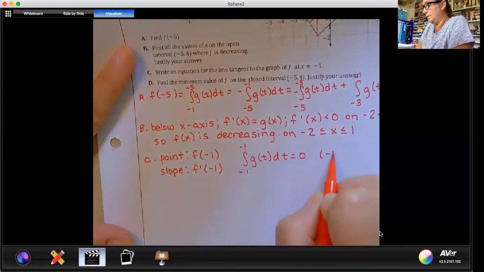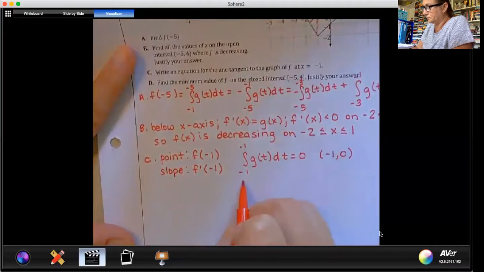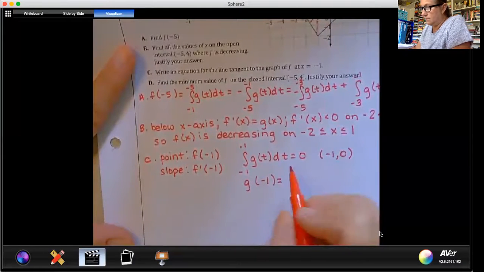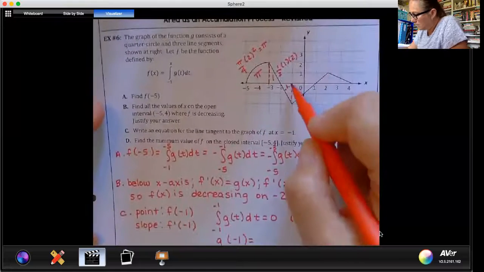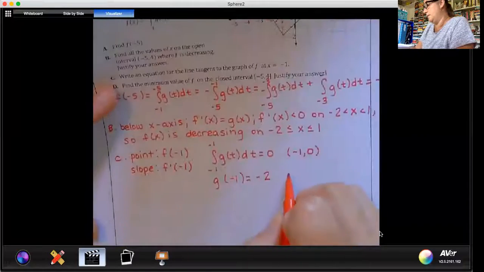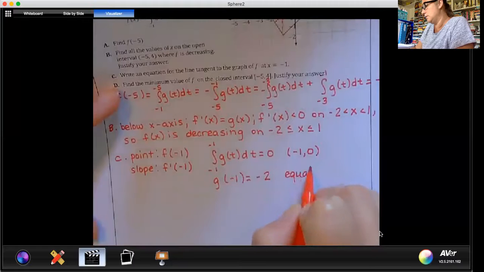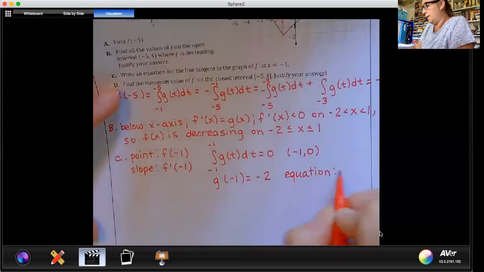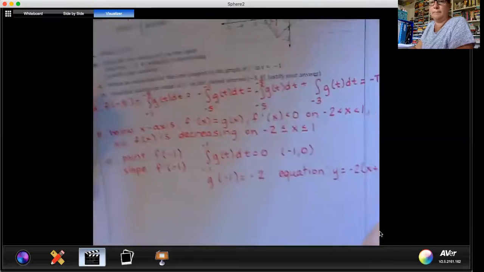So our point is (-1, 0). g of -1 is going to be the slope at -1, which is -2. So the equation is y equals -2 times (x plus 1).